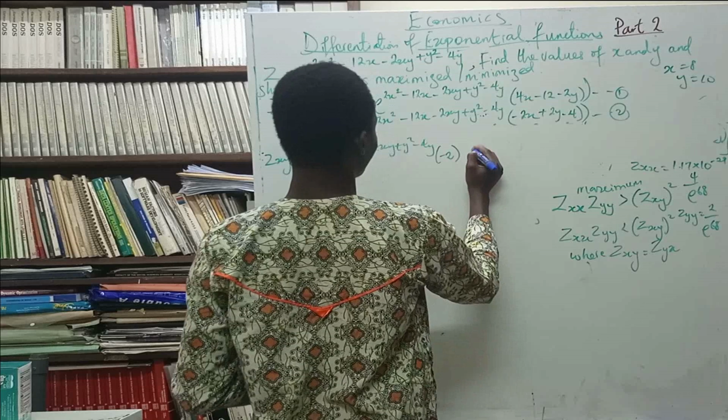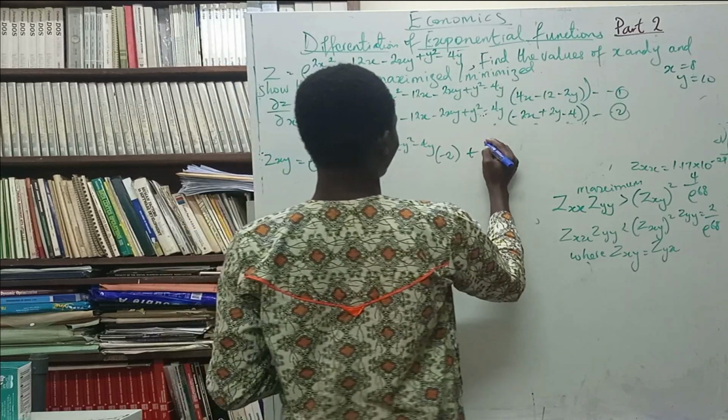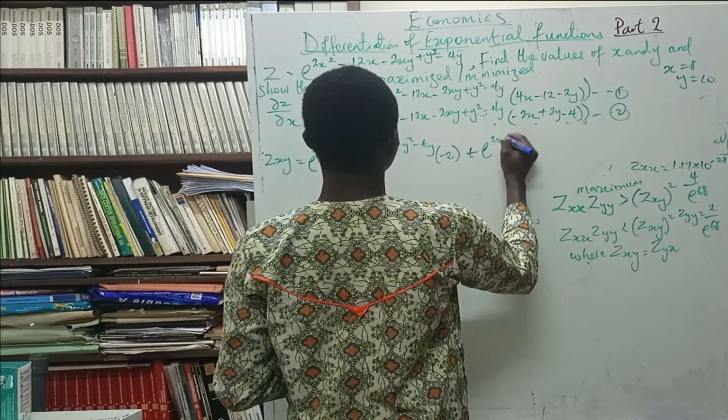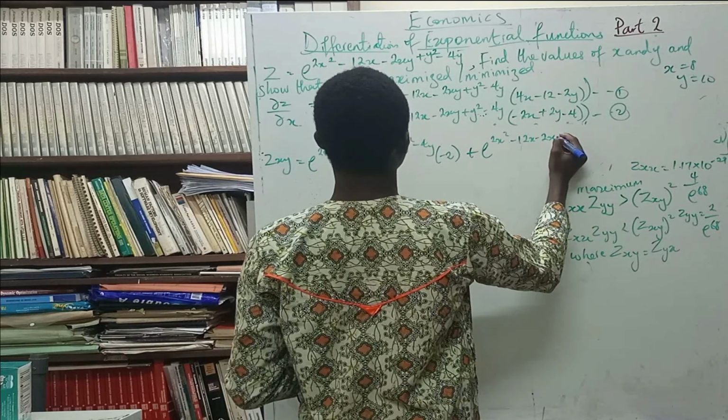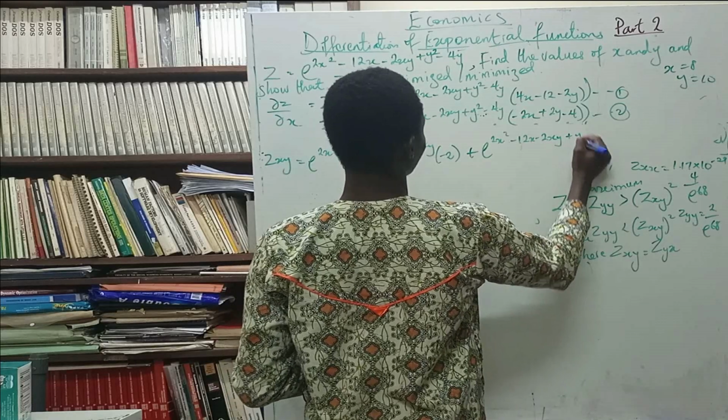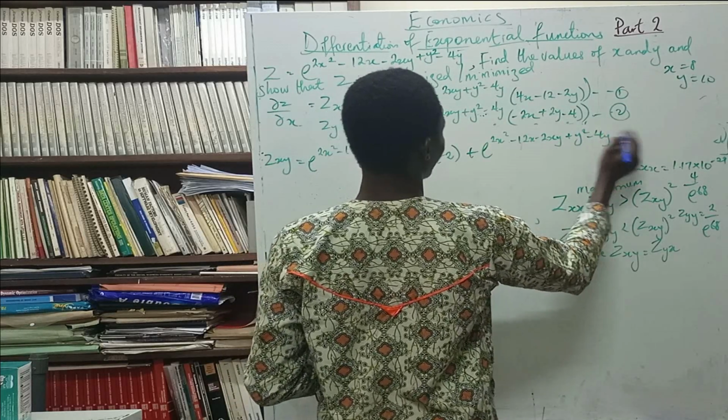Then plus, we then differentiate this, so we have e raised by 2x squared minus 12x minus 2xy plus y squared minus 4y.